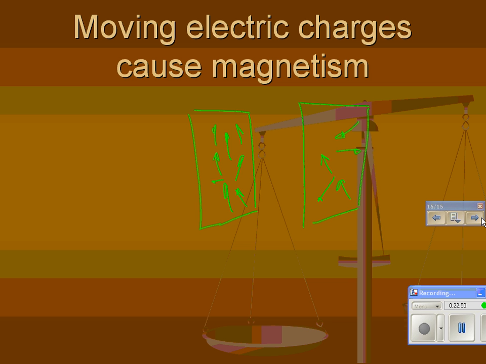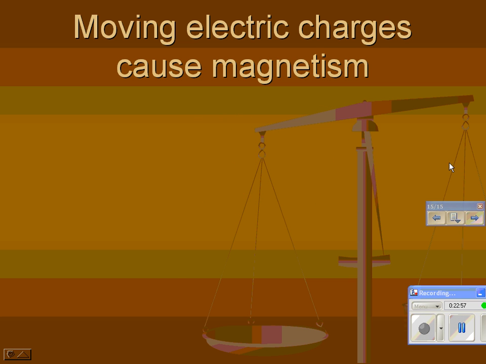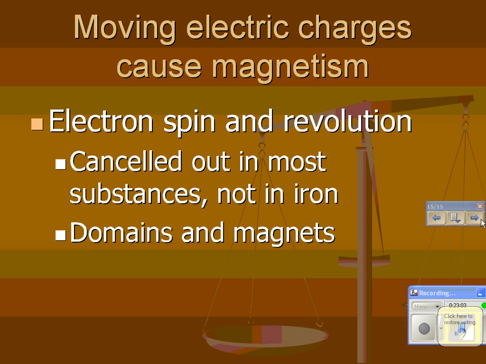Now, you can align magnetic fields in different ways. What we were just talking about, electrons moving on an atomic level, are basically what generate magnetic fields. Electrons are orbiting, but they're also spinning. In most materials, those individual little magnetic fields cancel out, but in iron and in magnetized substances, they have aligned, and then you generate magnetism.